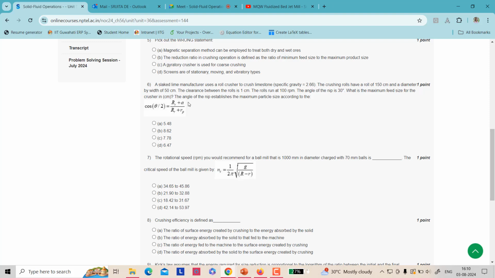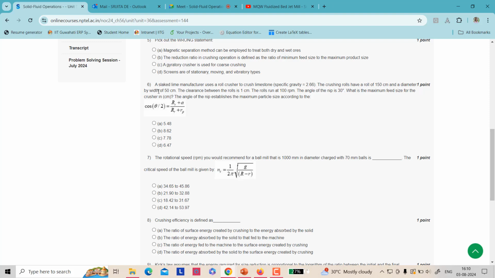The angle of nip establishes the maximum particle size according to the formula already given. So the rolls running at 100 RPM is not important, right? Many values are there, so you have to choose what is important. It is said R; in our case it is R1. It is nothing but the roll radius.